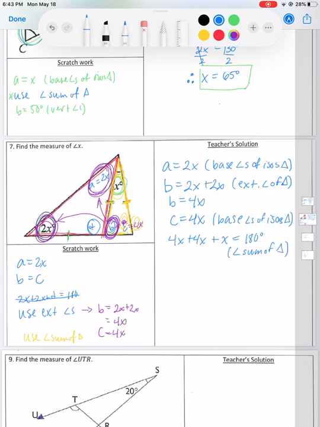And then we have 4x, 4x, plus x, 9x, and that means 9x is equal to 180. We divide by 9 on both sides, and x is going to equal 20 degrees. That's what we wanted, so therefore x is equal to 20 degrees.